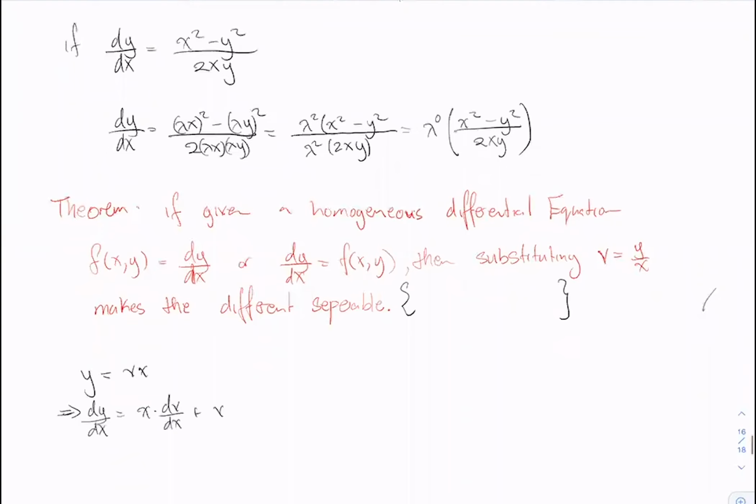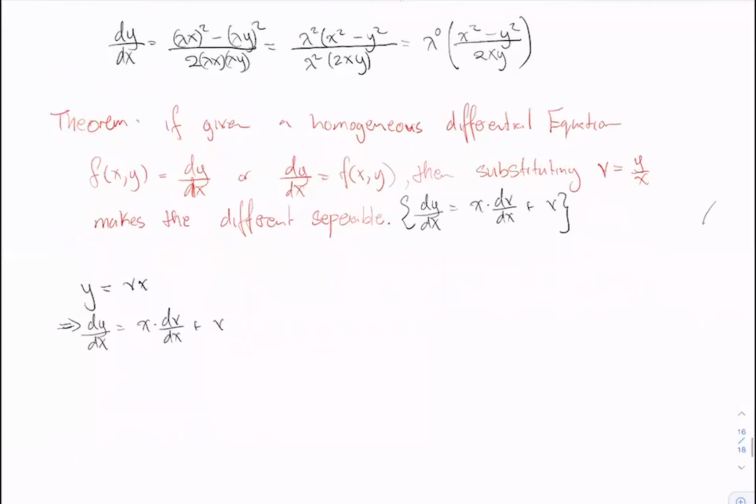So here we have to make 2 substitutions. The second substitution is that we have to substitute dy dx equals x times dv dx plus v. So we substitute v equals y over x and we also substitute for dy dx equal x times dv dx plus v. Once we make those 2 substitutions into our differential equation and simplify, then we end up with a differential equation that is now separable in v and x, all right?